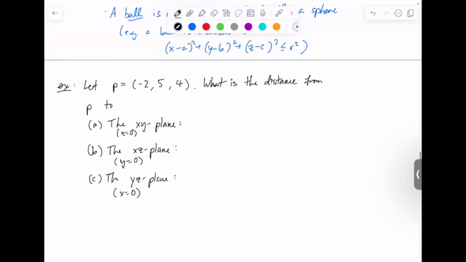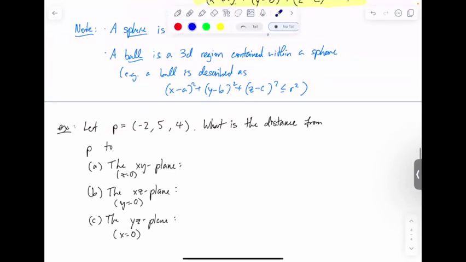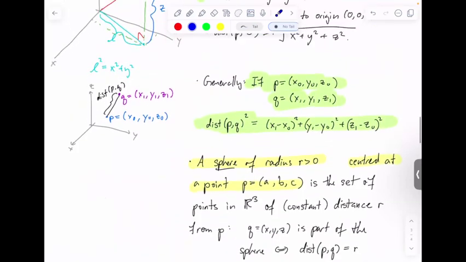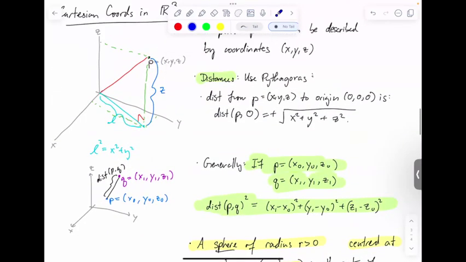So for this exercise, we have a formula for distance between points. But I would suggest, when you're thinking through this, think about what it means for the distance of a point from any of these planes. So we're talking straight line distance. You want to find the shortest distance P is from, let's say, the xy plane. So in this case, what's really the only dimension?